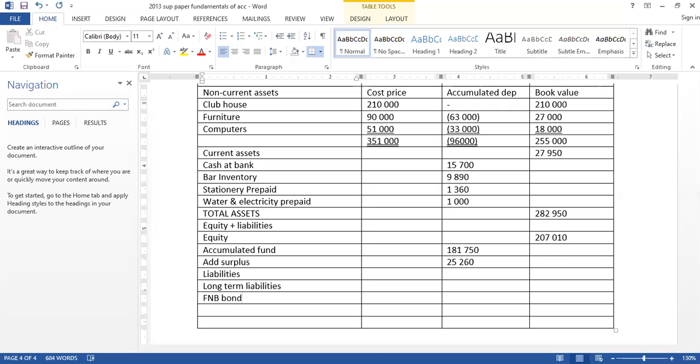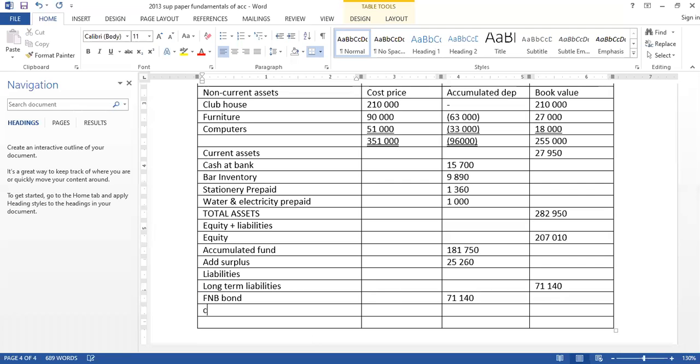We are told that the FNB bond is 71,140. Because that is the only long-term liability that we have, when we add up all our long-term liabilities we get 71,140.